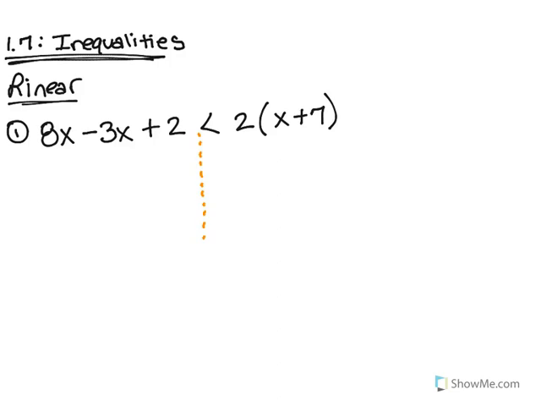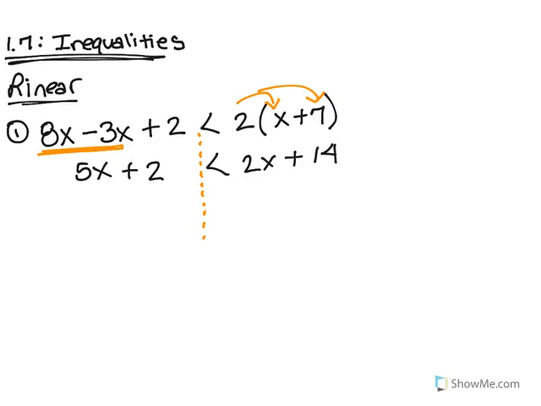So we're going to combine that 8x minus 3x, which would give us 5x, bring down the plus 2, is less than, and we're going to distribute here, 2x plus 14. And then we're going to get x's on one side, whole numbers on the other.